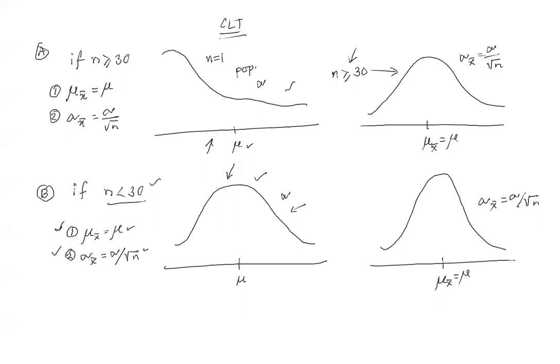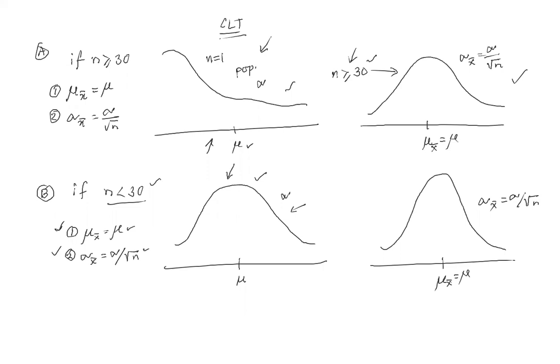But if your sample size is bigger than or equal to 30, it doesn't matter. Regardless of the distribution of the population, the sampling distribution is always going to be bell-shaped. And that is a very, very powerful tool. It lets us make conclusions about population distributions and population properties that we have no clue about. We don't know what the shape is like. It could be some arbitrary shape.